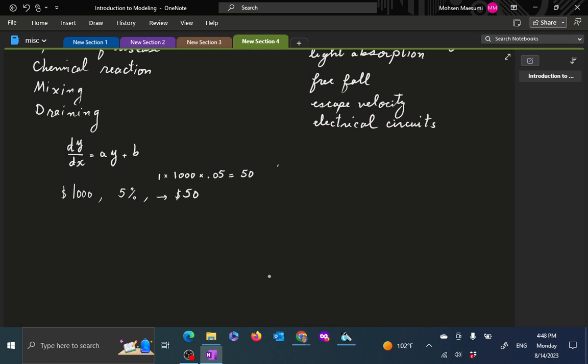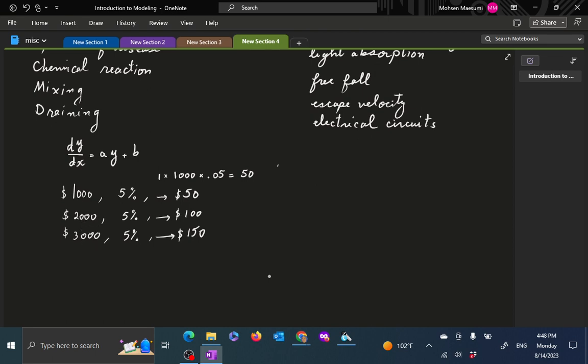Now the important thing is that if you had started with $2,000 under the same scenario, you get twice as much. That's not surprising. If I had started with $3,000 and the same interest rate, I would have gotten 3 times as much. This is the essence of the issue, that the extra amount that you get is proportional to how much you're starting with.